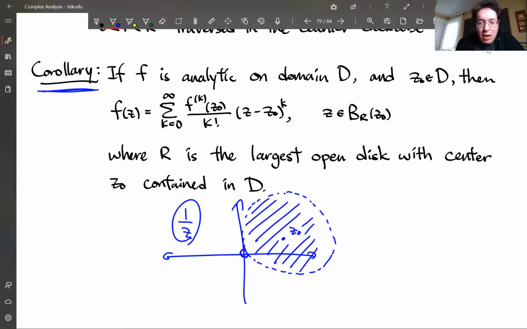If you have this function in the power series form, and you kind of get disappointed, oh, I can't understand what the function is going to be outside of this disk. You could actually understand everywhere in the domain as long as you're willing to take the time to look at a new power series. So this power series tells us all the values up to the edge of the circle.